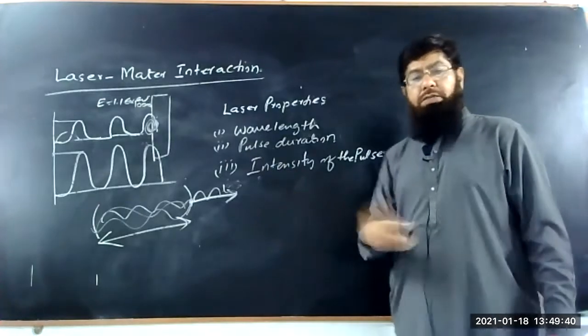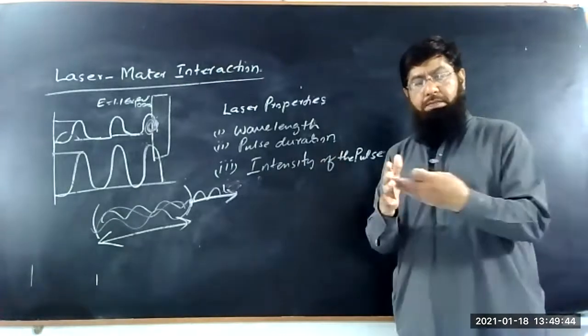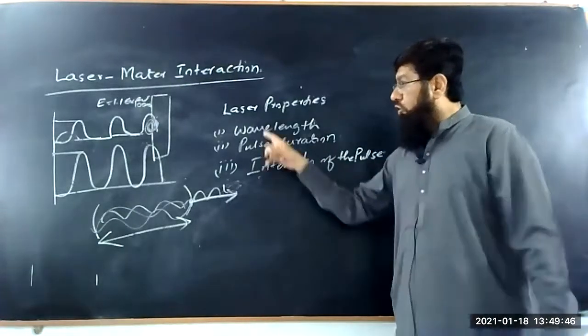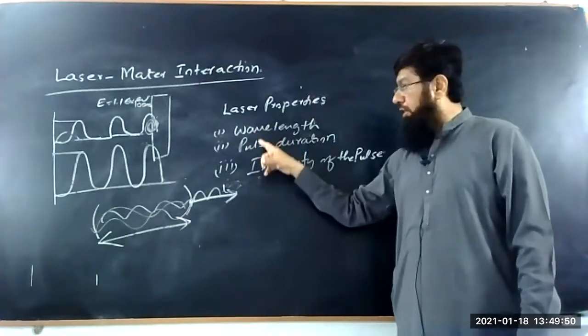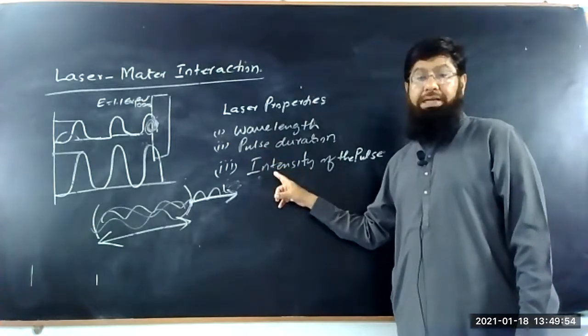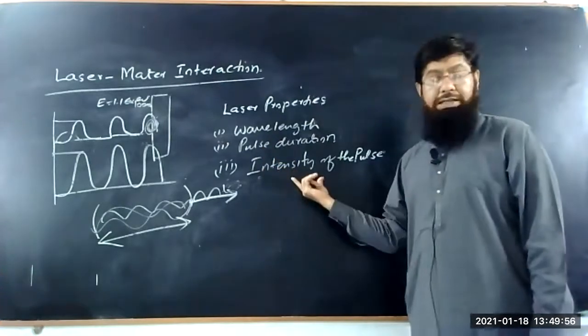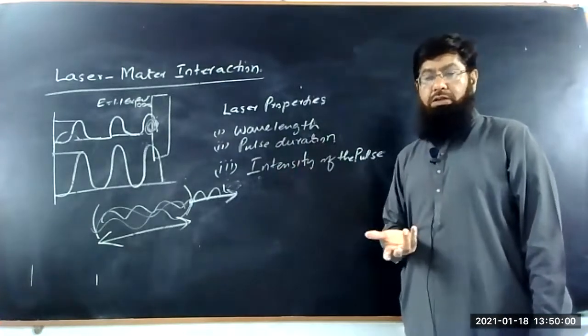So how much material is ablated or vaporized during the laser matter interaction? This totally depends upon the wavelength, the pulse duration, and the intensity. If we increase the intensity, the evaporation of the material will also increase.